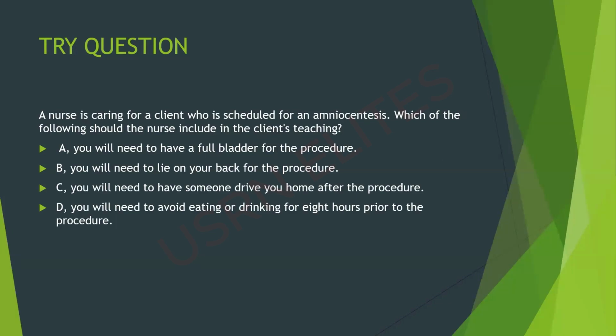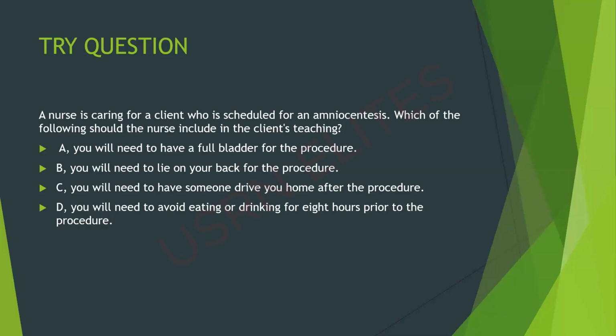I read some time ago that the full bladder is needed to support the womb, depending on the trimester of the pregnancy. So when do we do amniocentesis? 15 to 20 weeks.